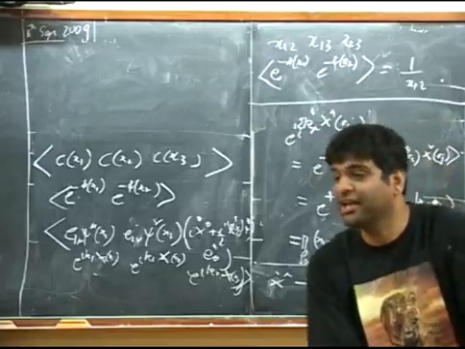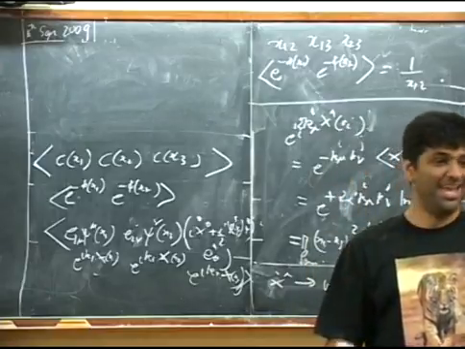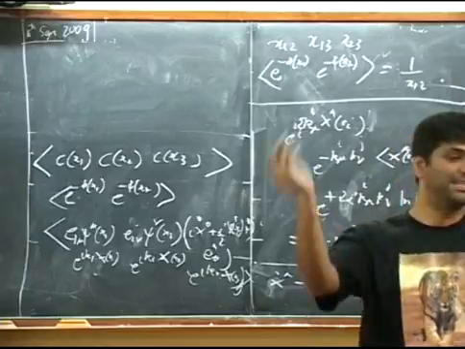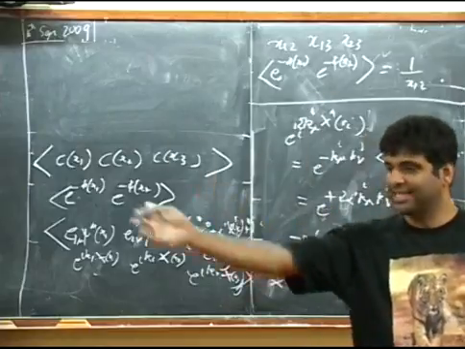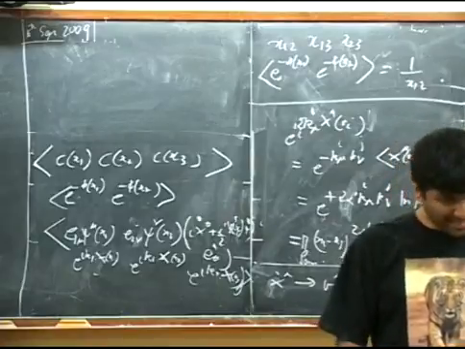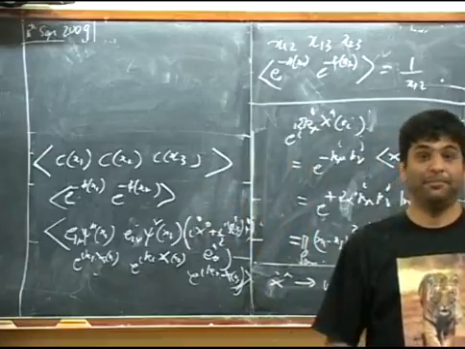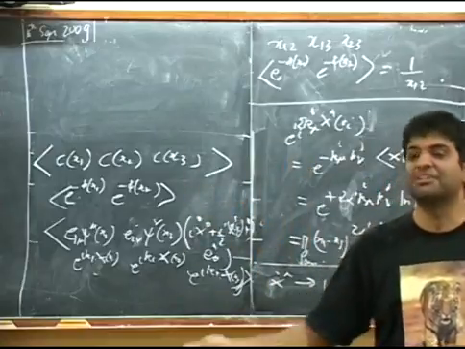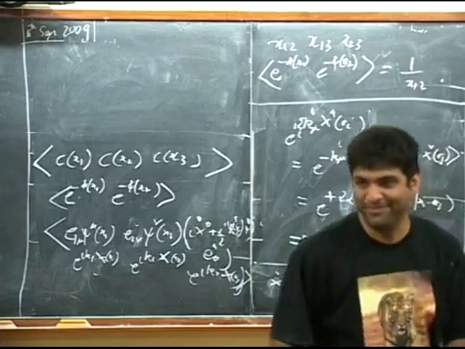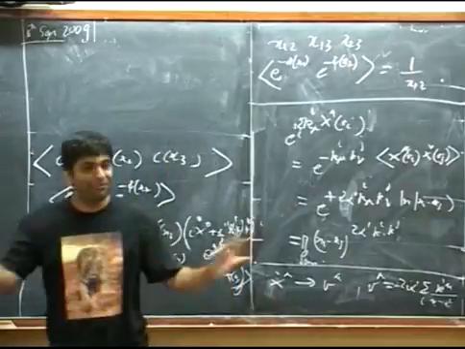So let's try to calculate what k1 dot k2 is. k1 dot k2 is k1 plus k2 the whole thing squared minus k1 squared minus k2 squared, divided by 2. Well, that is equal to k3 squared minus k1 squared minus k2 squared, divided by 2, for each of k1 squared, k2 squared, k3 squared is 0. So that's just 0. So this part is just 0 for all terms.